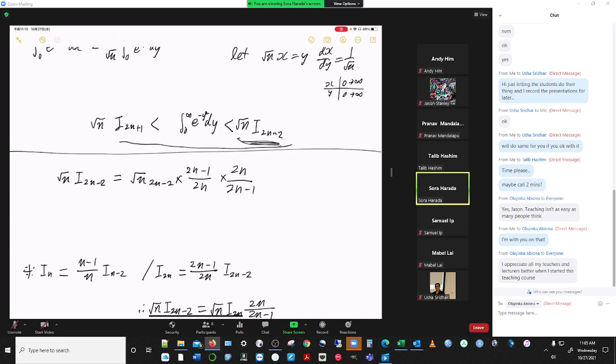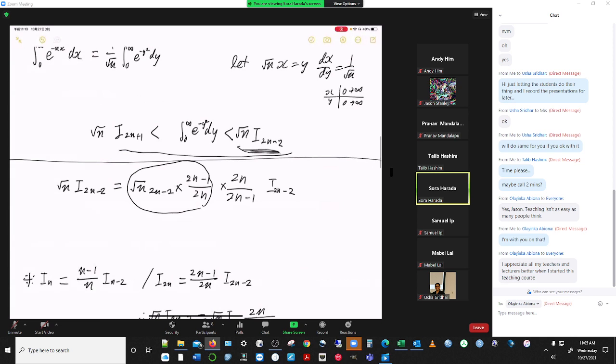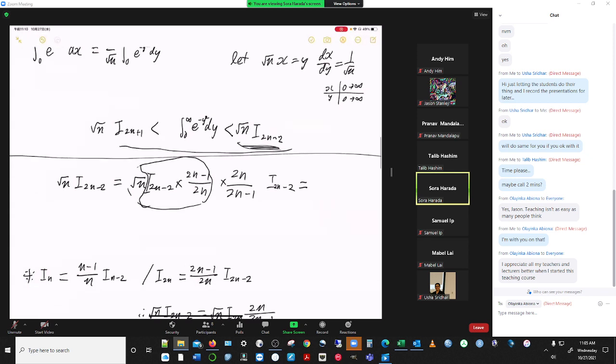If we're substituting I 2n minus 2 in here, that becomes 2n minus 1, 2n, I 2n minus 2.